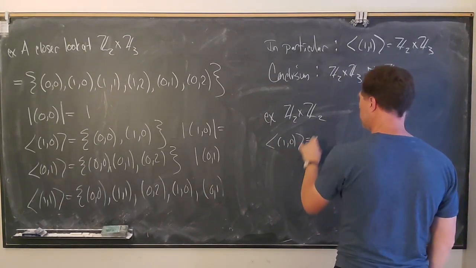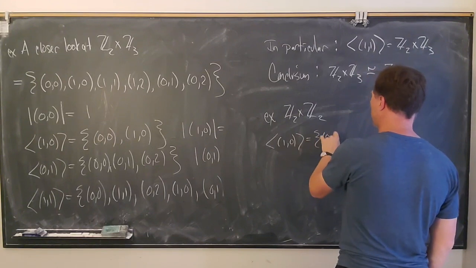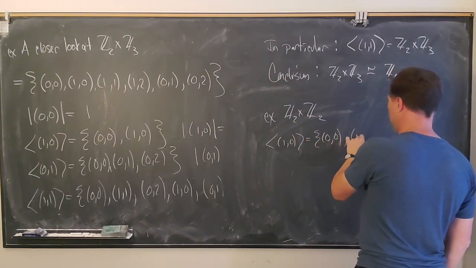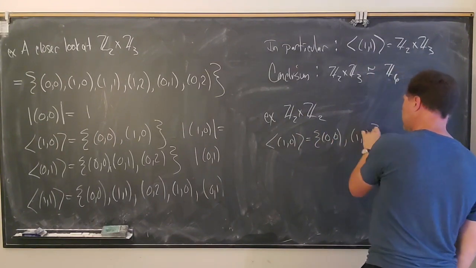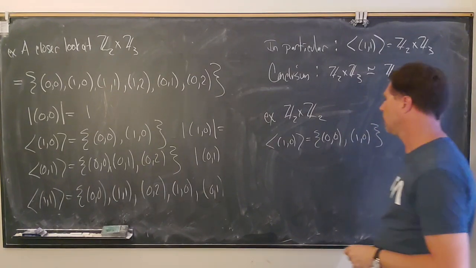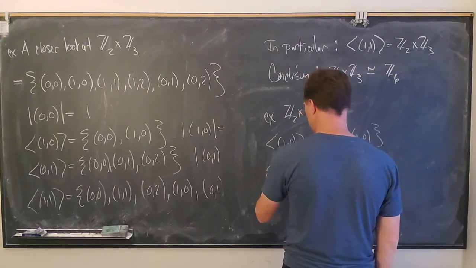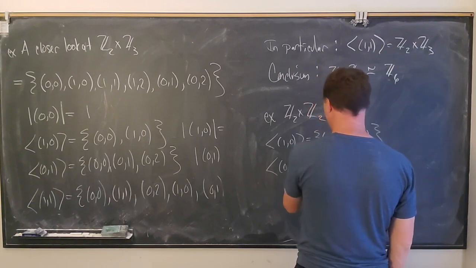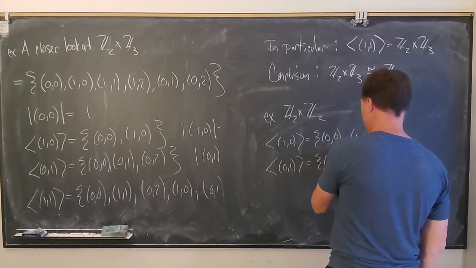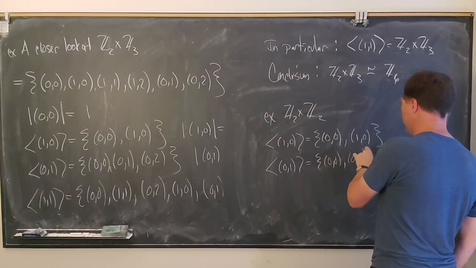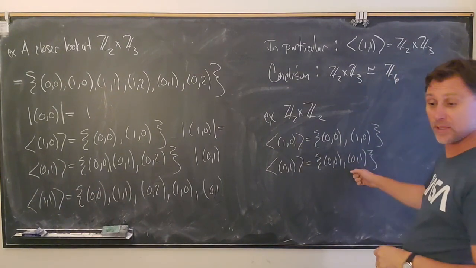That's equal to, well, it's got the identity, and it's got (1, 0). But if you add (1, 0) to itself, you get the identity. And then let's look at (0, 1). Same thing happens. You've got the identity and the element itself. Right? But this element has order 2 also.